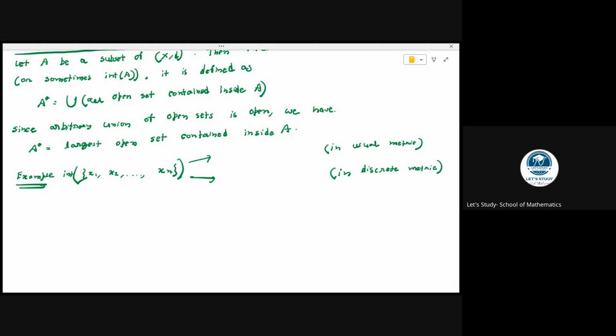Can anyone please answer this one? What is the interior of a finite set in the usual metric and in the discrete metric? Can anyone please answer?